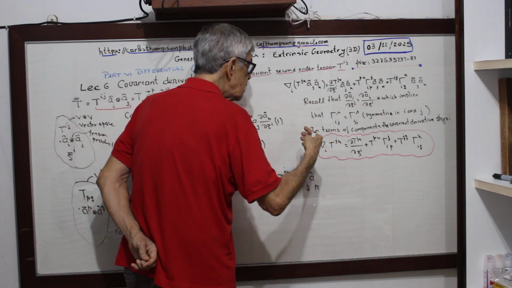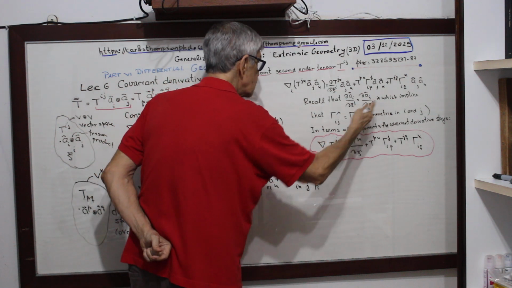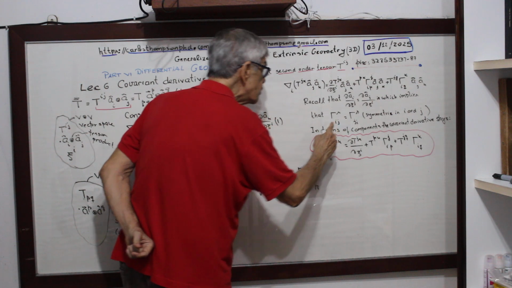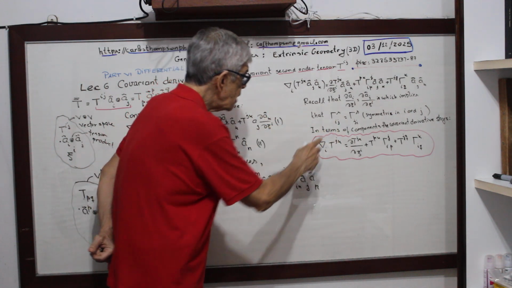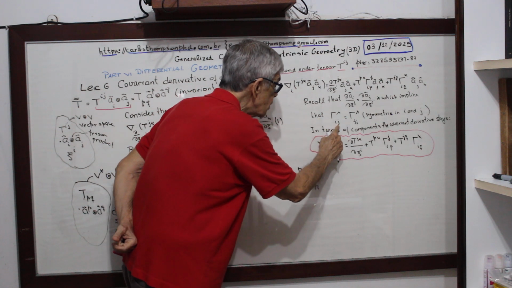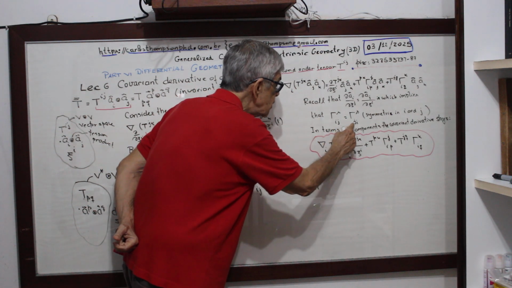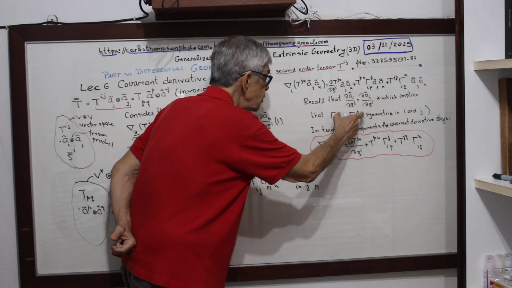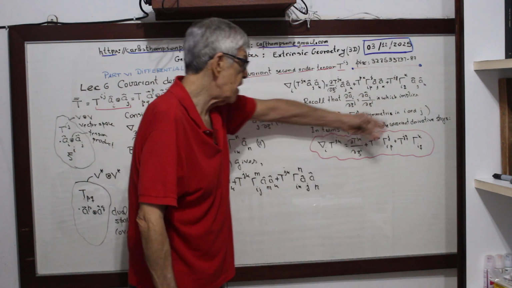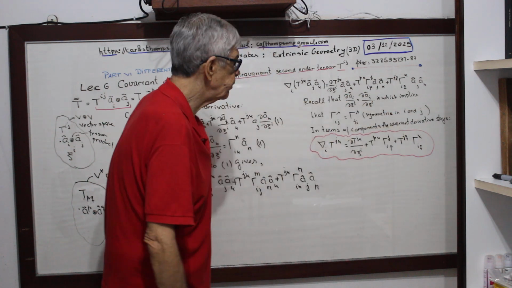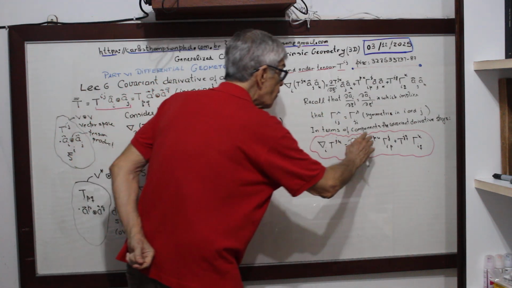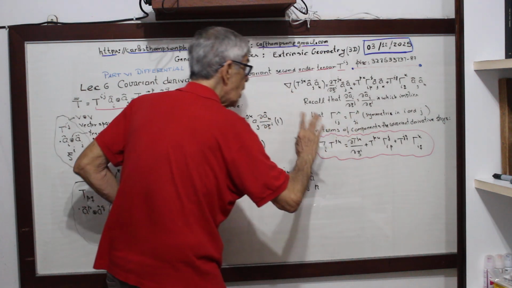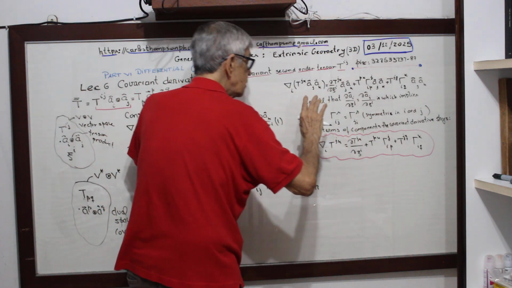So this ensures that the Christoffel symbols of the second kind are symmetric with respect to ij. ij is equal to ji. This comes from here, just symmetric in i and j. I can swap.